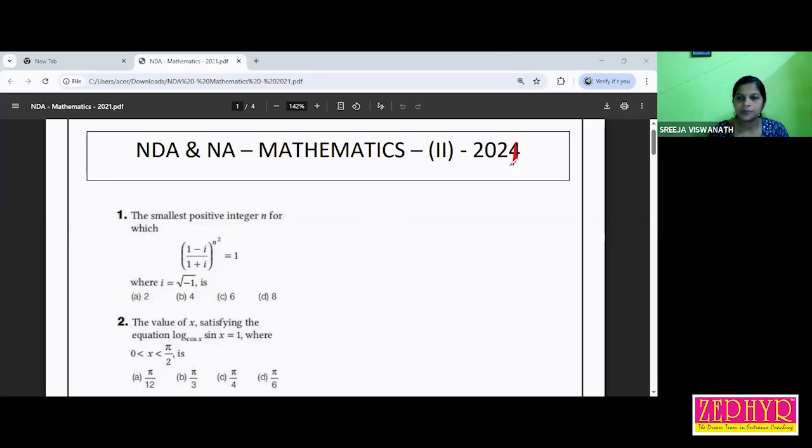Everyone, do it. First you have to find what is 1 minus i by 1 plus i.